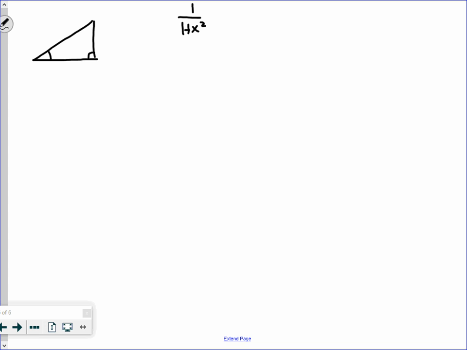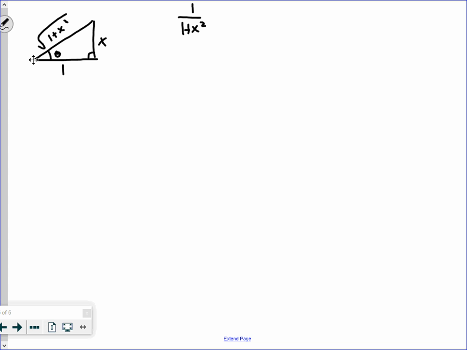Let's put an angle theta here, put a 1 here, and an x, and then the hypotenuse is the square root of 1 plus x squared. Okay, so that's the right triangle that goes with the 1 plus x squared type of thing.